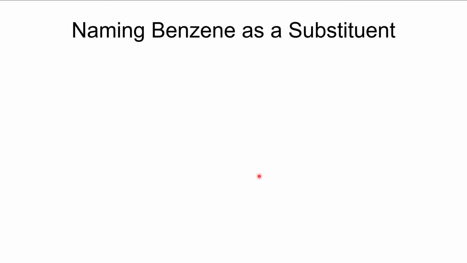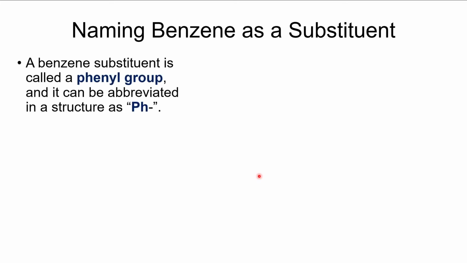All right. In the case that we have a benzene ring as a substituent, well, if it's a substituent that is directly attached, we're going to call that a phenyl group. And so we can represent that shorthand. We can just put Ph, uppercase P, lowercase h, for the phenyl group. We can also write it as C6H5- as a substituent if we don't want to draw out the entire benzene ring. Sometimes it's not convenient to draw out that entire benzene ring.